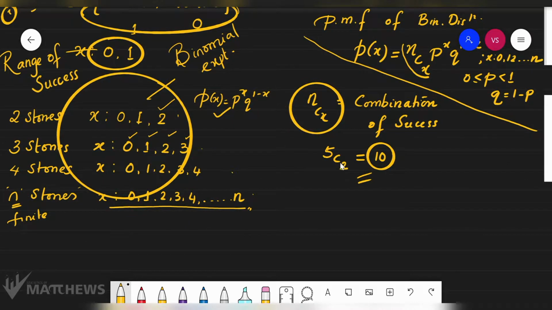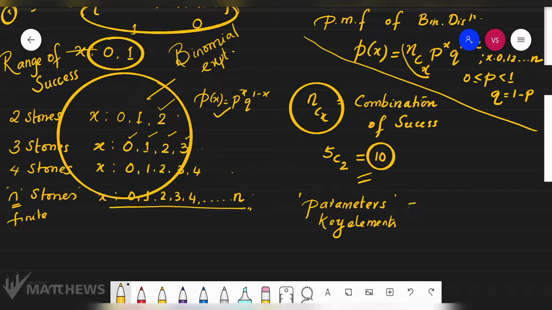Now, for any of the probability mass functions, the first thing that you need to remember is the parameters, students. Parameters are called key elements. So what are the parameters of the binomial distribution?